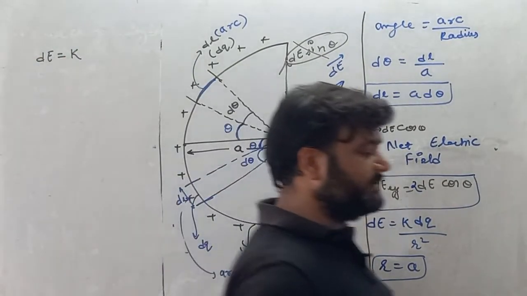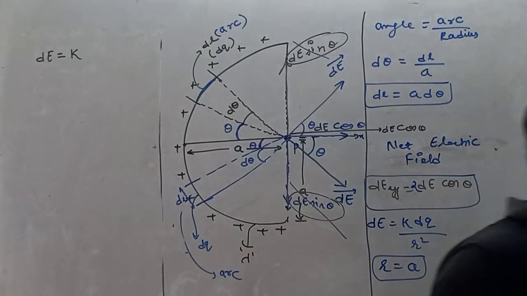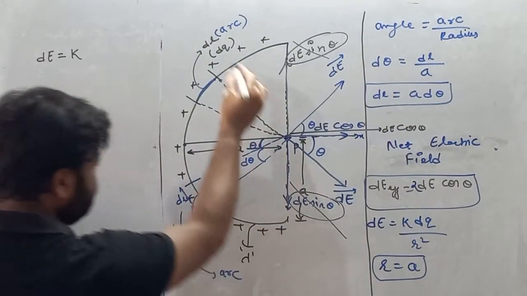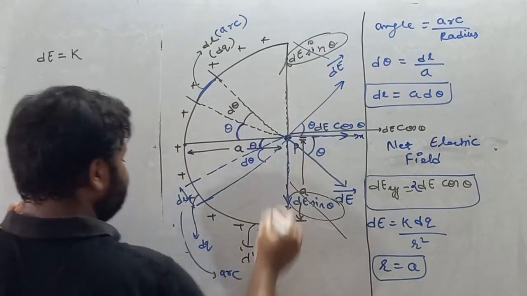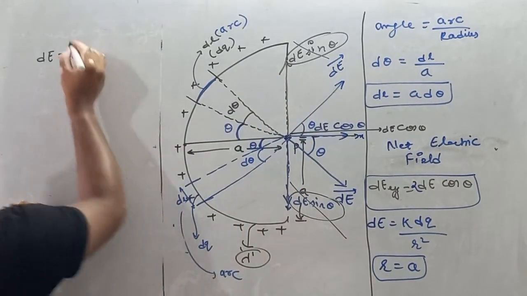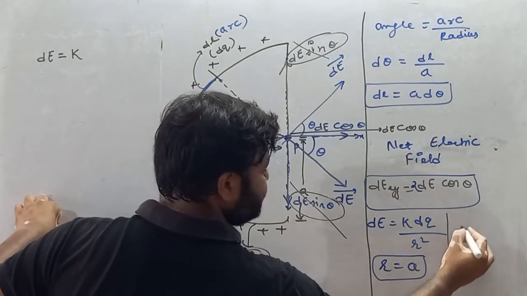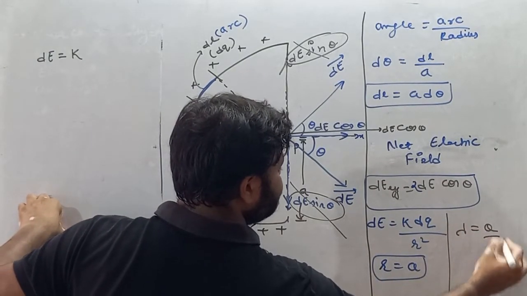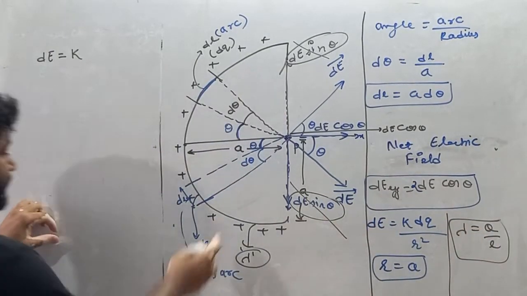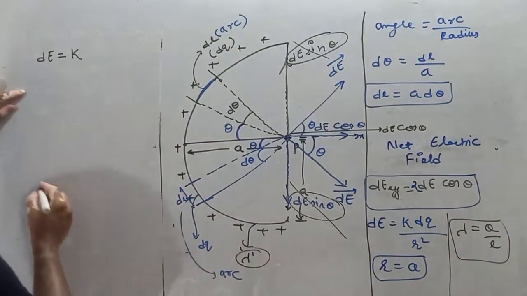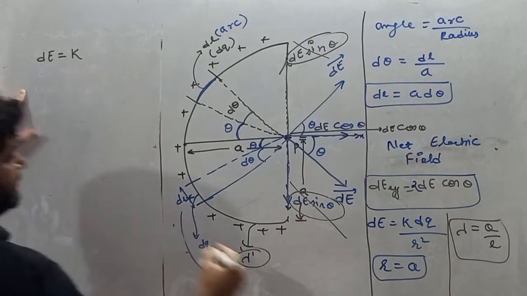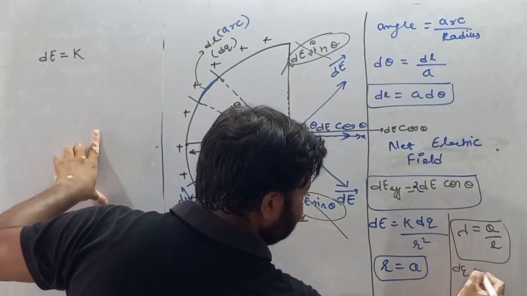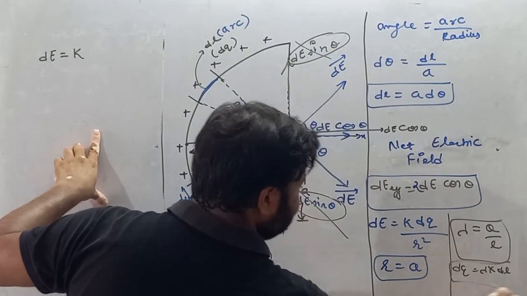The meaning of dQ is lambda into dl, because we know that this semicircular ring, or semicircular arc, carries linear charge density lambda, which is charge per unit length. So a small charge is there for a small length, and the value of dq will be lambda into dl.